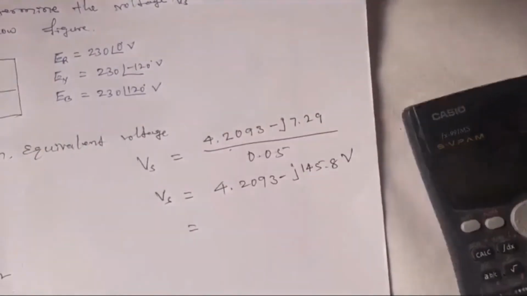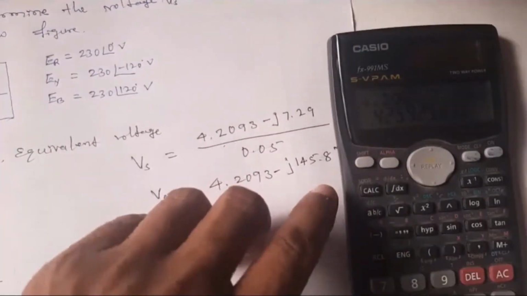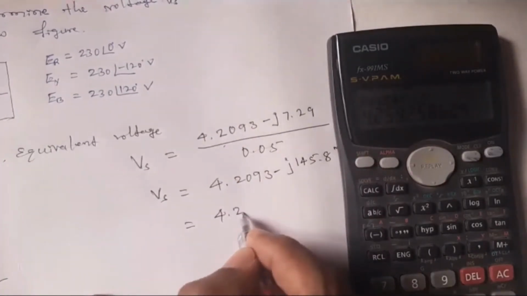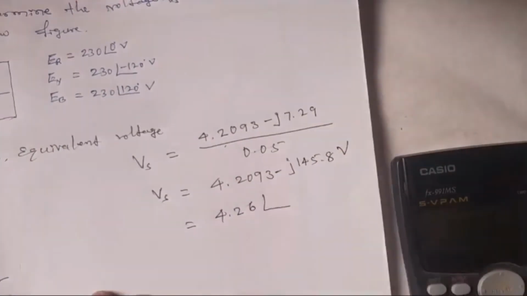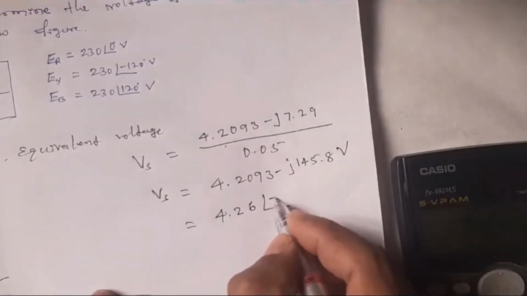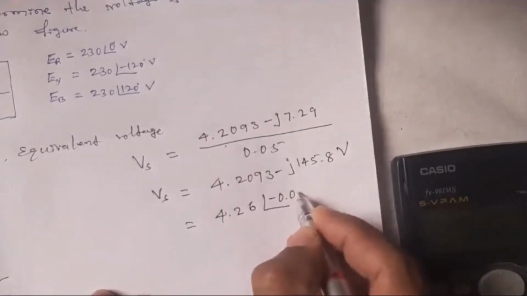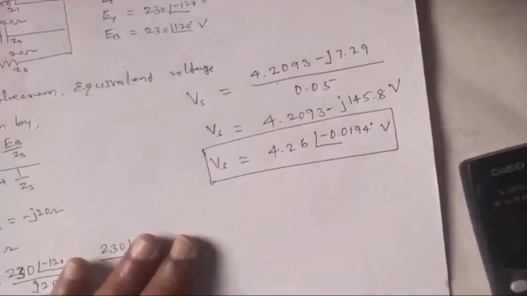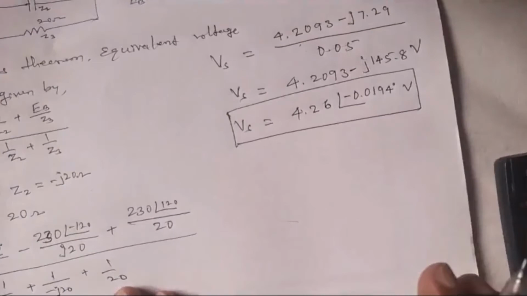This can be calculated in terms of polar form. Convert this to polar, it is 4.226 angle, so the angle is minus 0.0194 degree volts. This is your Vs. Okay, and along with this Vs, you will get Zs.